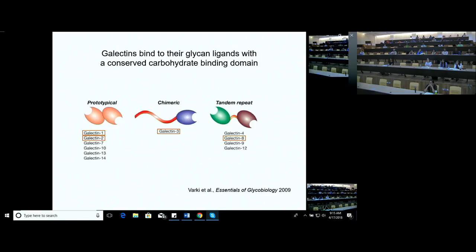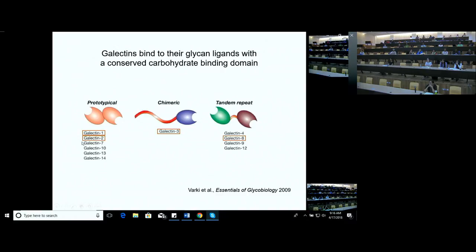So they have binding sites for the beta-galactoside, shown as these scooped out areas here. And they have a number of different formats. And in mammals, there are a dozen or more galectins, and they're all enumerated over here. Primates have more than rodents, but there's a whole bunch of them. Birds have very few galectins. They have the fewest among all of the vertebrate classes.